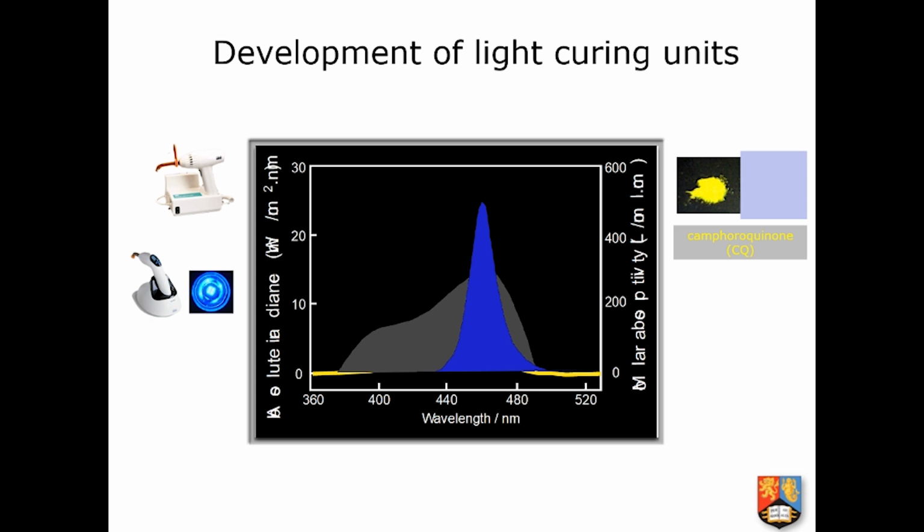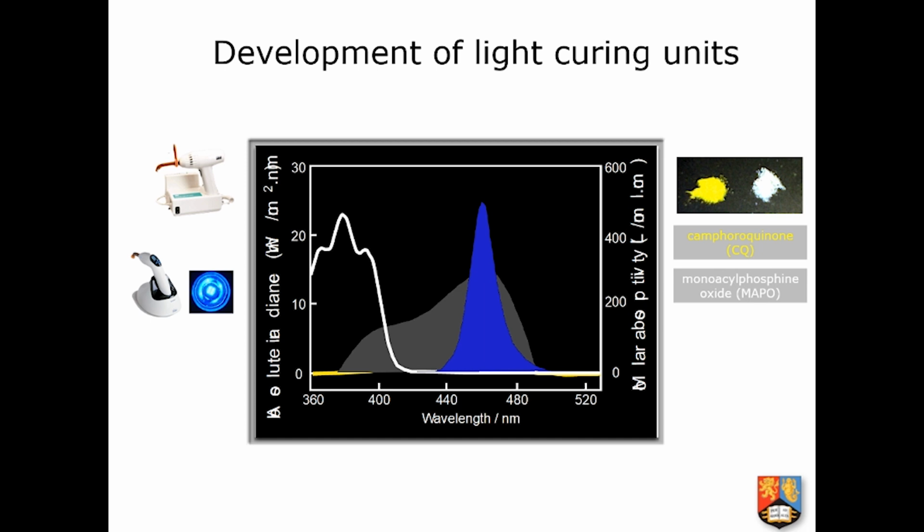So this makes curing a lot more efficient. These are battery operated. We're not wasting energy by filtering out most of the light as we do in these halogen lights. So they can be more ergonomic and they can be battery operated and so forth. So a big step change in the way that dentists cure their resin composite materials.